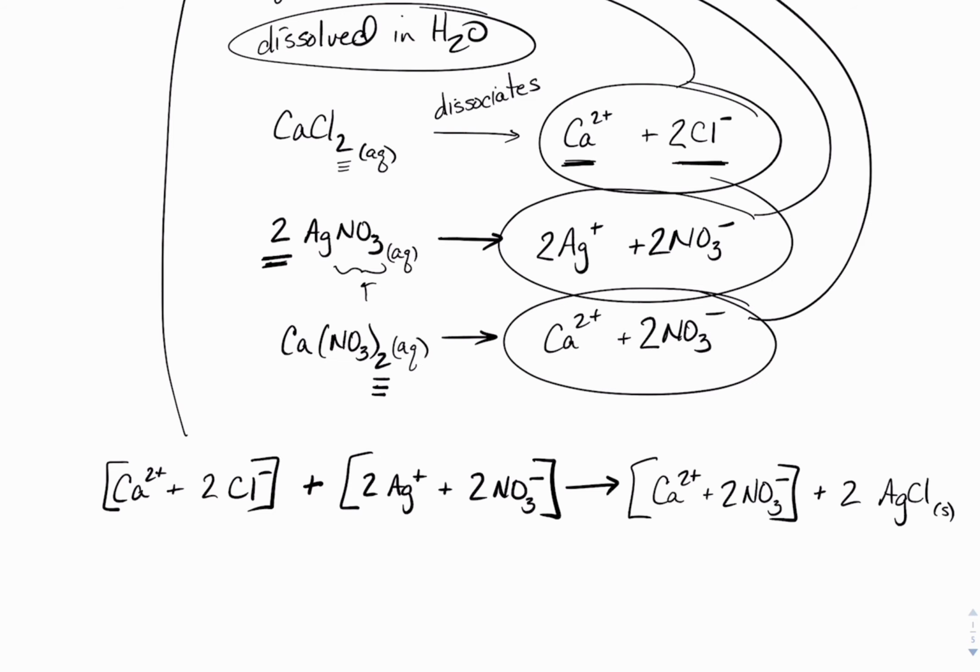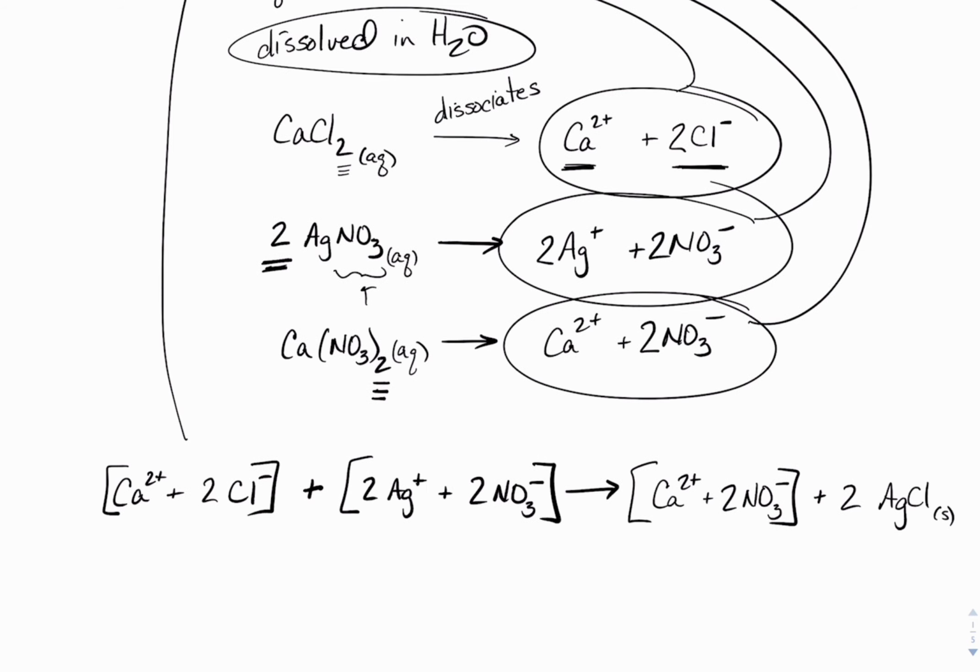We call this particular reaction something, and the term we use is complete ionic equations. But see, this doesn't really tell us what the ultimate goal of the reaction was.